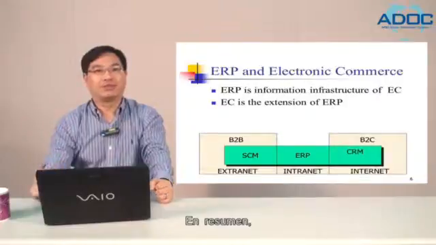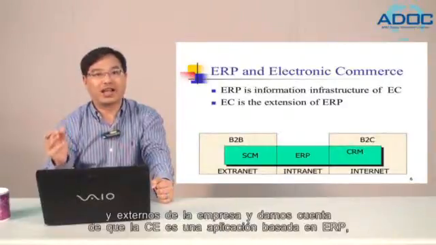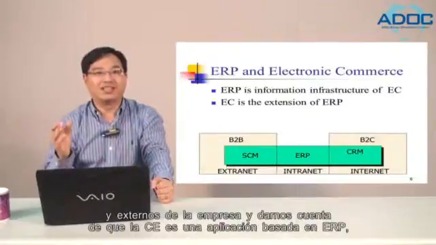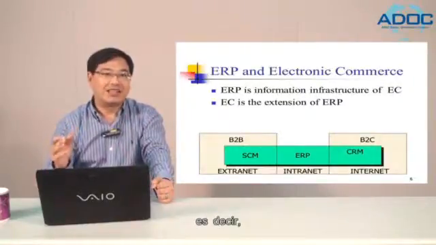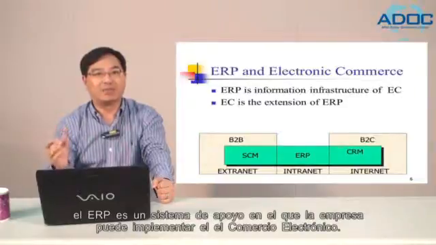To sum up, to achieve EC, we should integrate enterprise internal and external resources and realize that EC is an application on the base of ERP. That is to say, ERP is the supporting system on which an enterprise can implement EC.